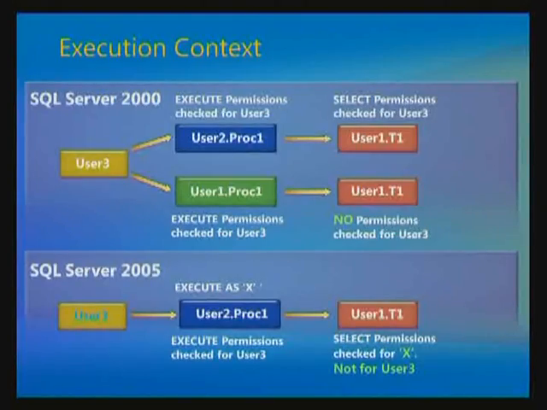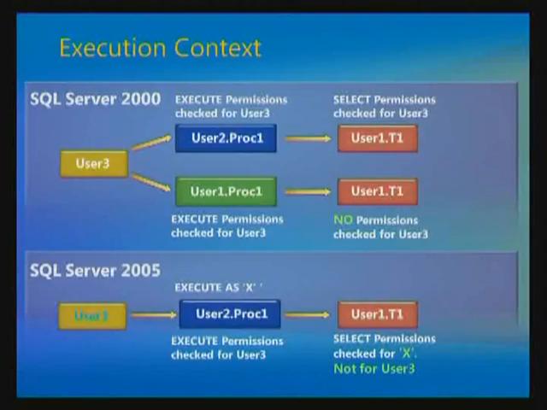So let's look at this stored procedure that's marked to execute as X. I'm still user 3. I still will make my request to execute that stored procedure. I must pass the test that says, do I have execute privilege on that stored procedure? So I have the permission, the check passes, the stored procedure begins executing. In this case, though, it's not executing as me.